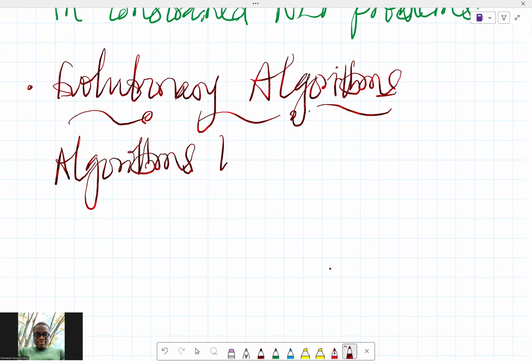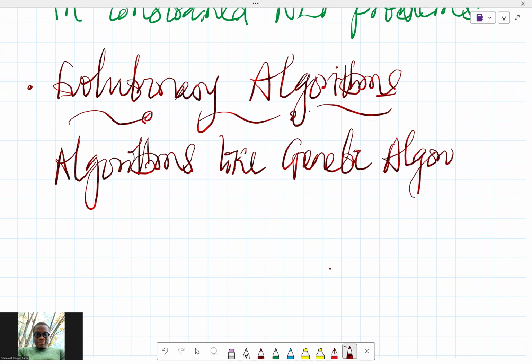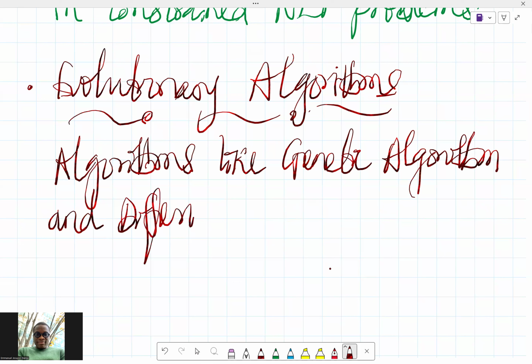These are algorithms like genetic algorithm and differential evolution.